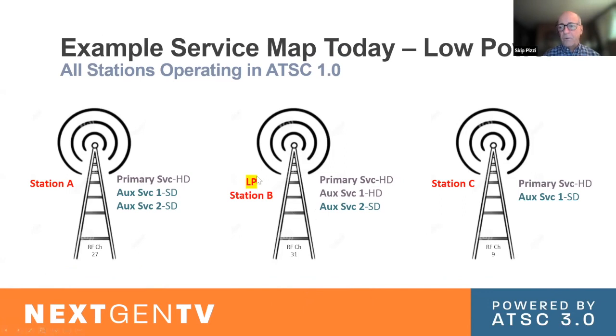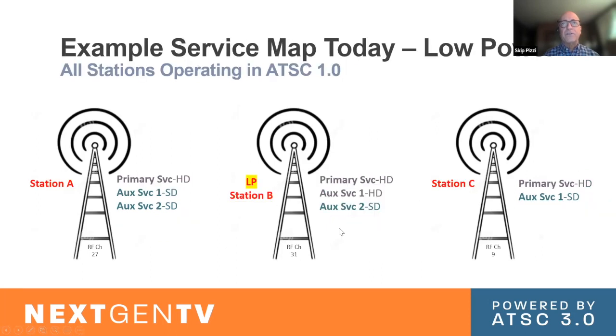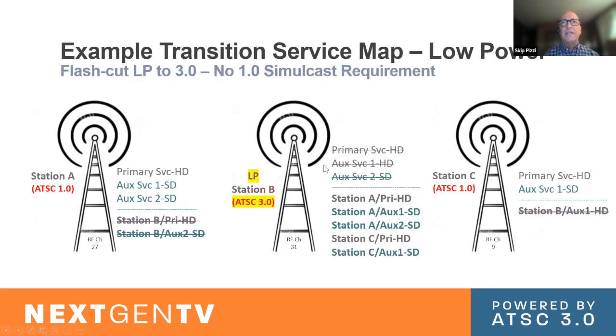One other quickie, I know we're over time, is that when we throw in an LP, a low power station, into this mix that we just did, remember, it makes it even easier, because these original signals carried by the low power station can just go off the air. They don't have to be carried by the other stations.